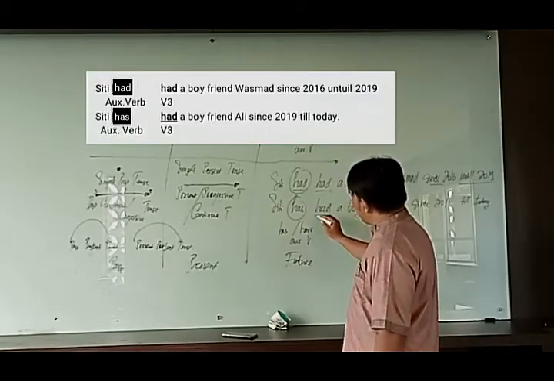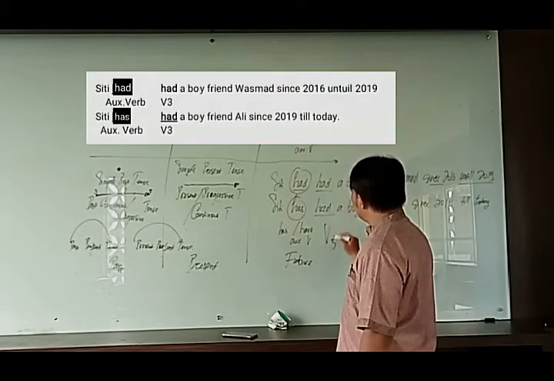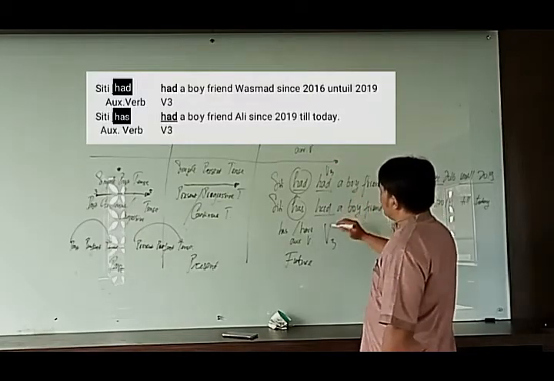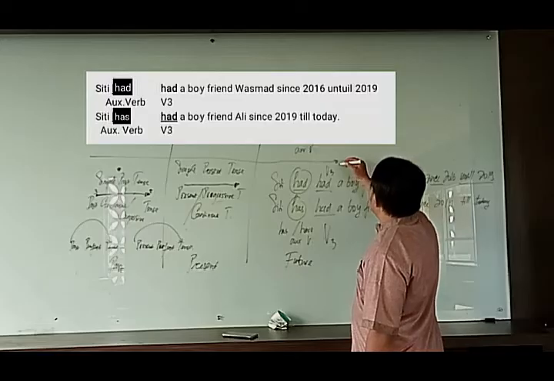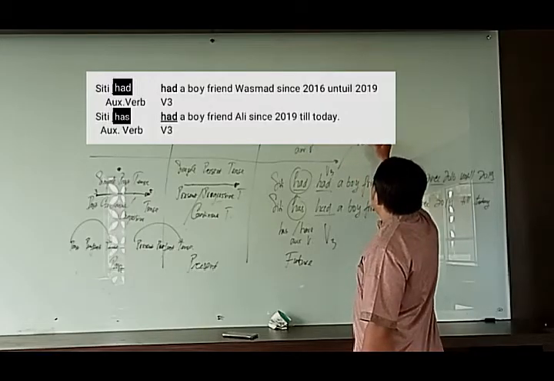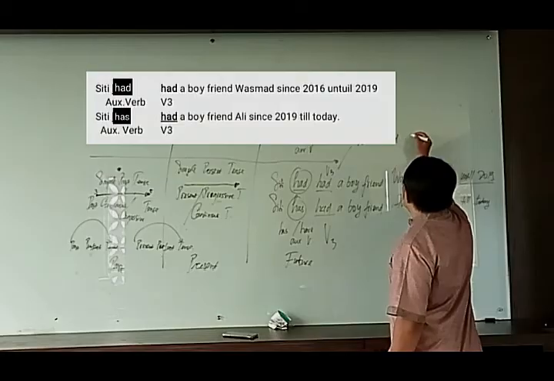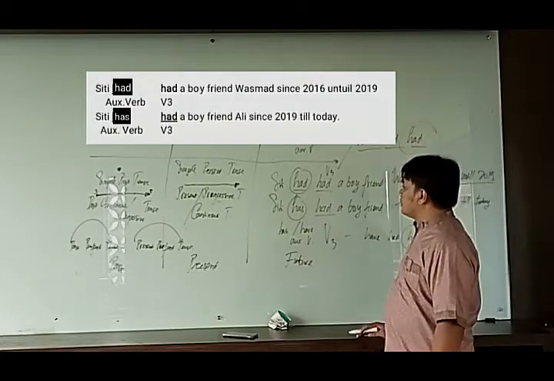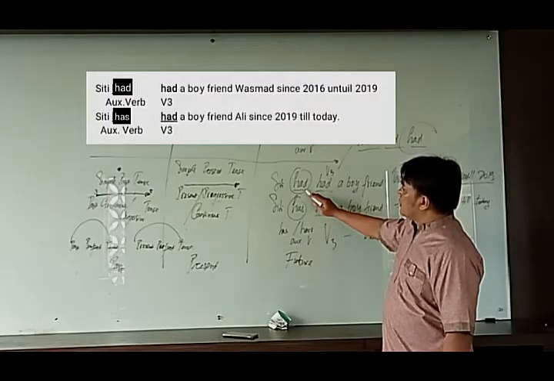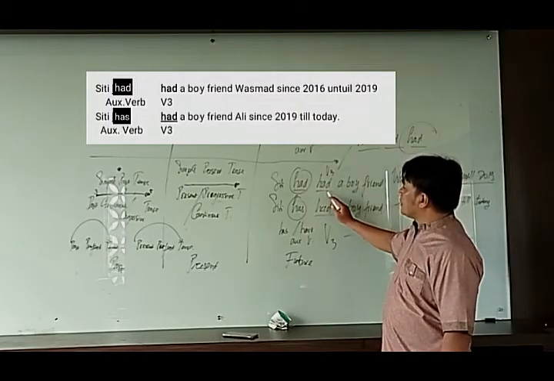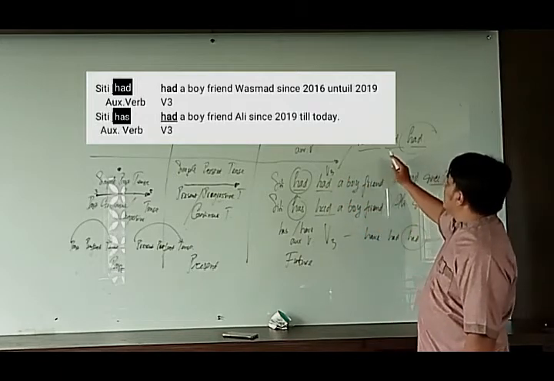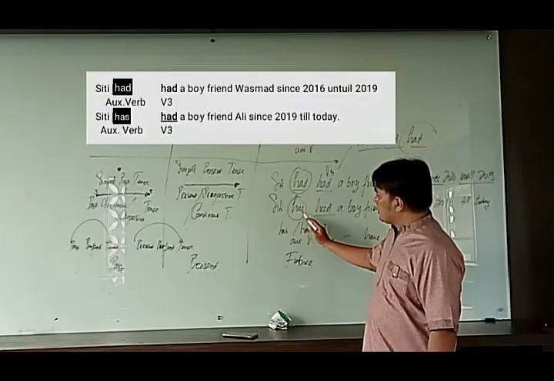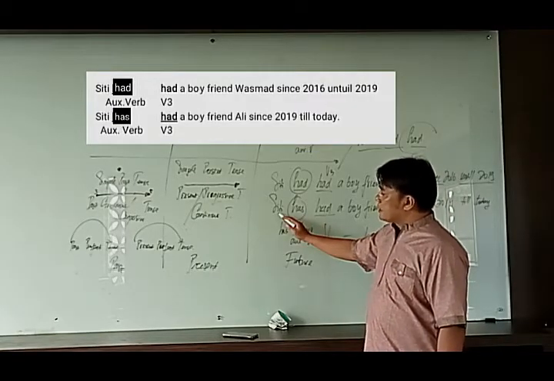And then this one had is verb 3. The first had is auxiliary verb, and the second had is verb 3. And this one has, because the subject is Siti.